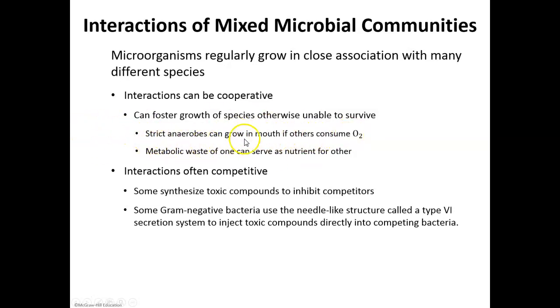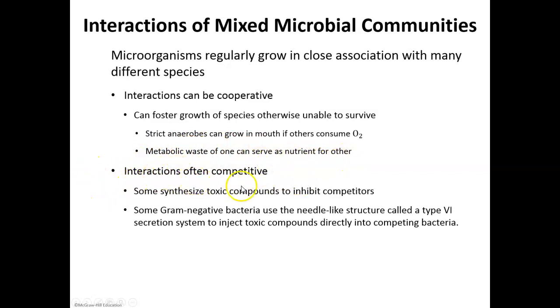The anaerobes can only grow outside of oxygen; they can't grow in the presence of oxygen. If aerobes are taking all the oxygen, then anaerobes are able to grow in that environment because the aerobic organisms utilize all the oxygen. And as I said before, a waste product from one cell can serve as a nutrient for another cell.